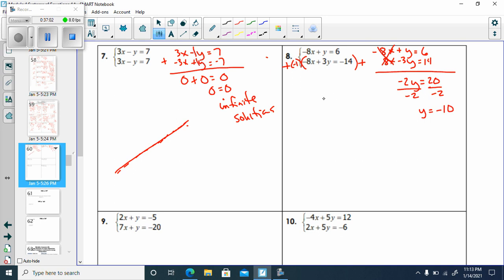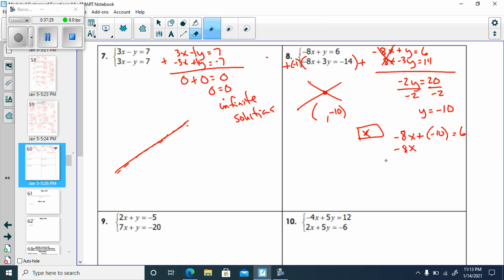Okay, now remember, we're looking for where the two lines intersect. We have found that my y is negative 10. We need to find my x. Choose either equation, it doesn't matter which one. How about negative 8x plus y, and your y is negative 10, equals 6. Negative 8x, let's see, what are we going to do?